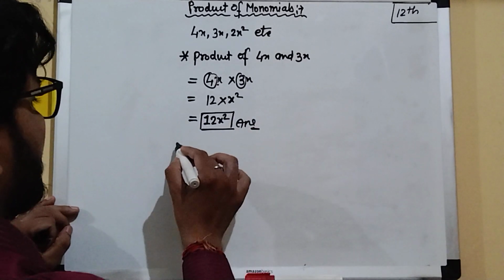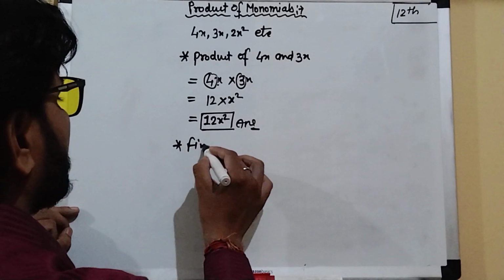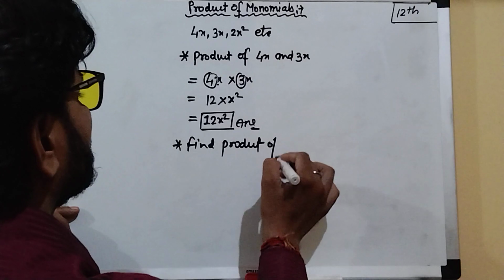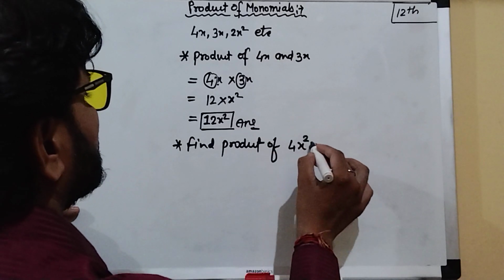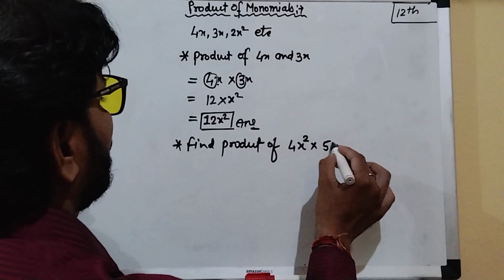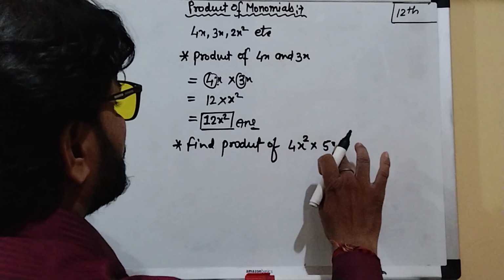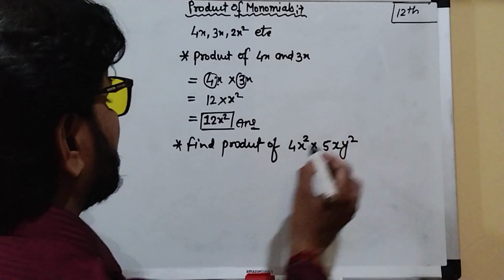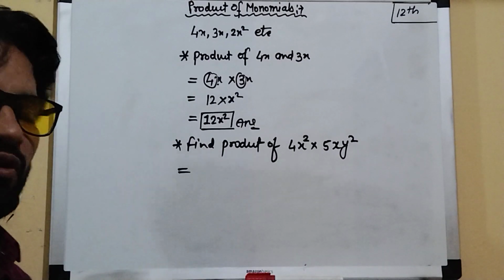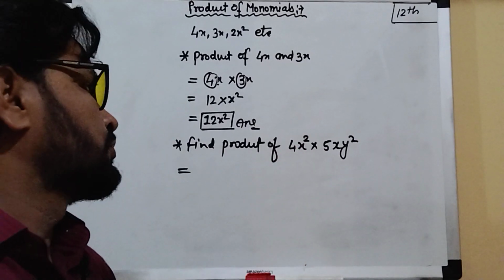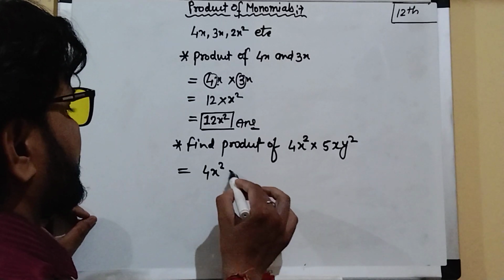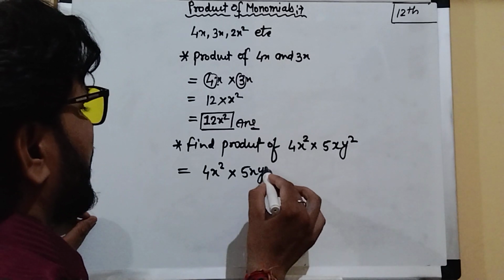Okay. Now again we take another example. Then how can we find the product of 4x square into 5xy square? So in this case, first of all, we write here 4x square into 5xy square.